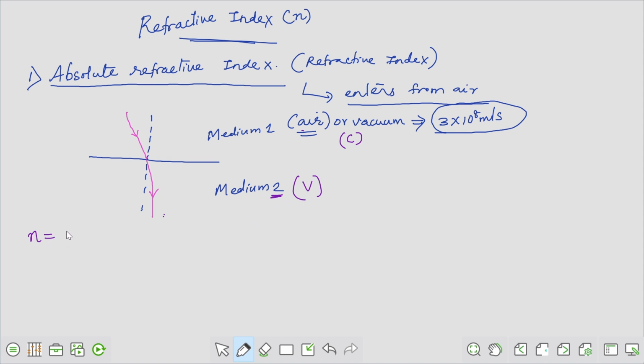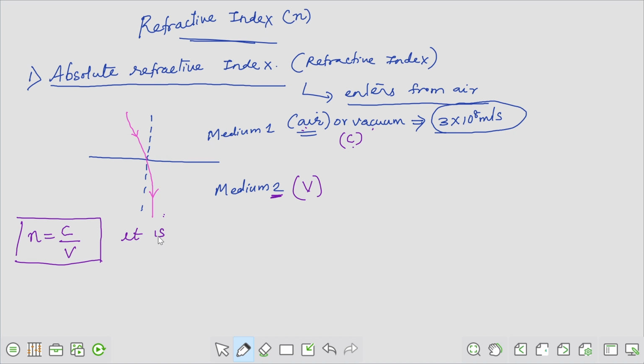is defined as the ratio of speed of light, that is C, speed of light in air or vacuum, to the speed of light in a medium, that is V. So this is absolute refractive index.